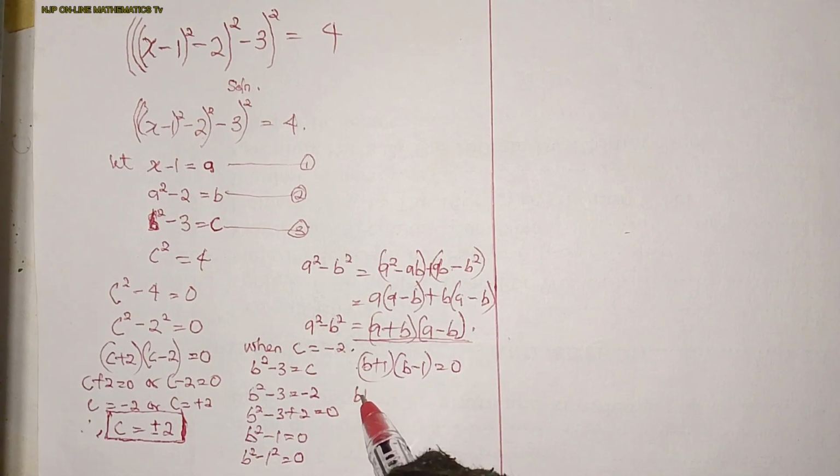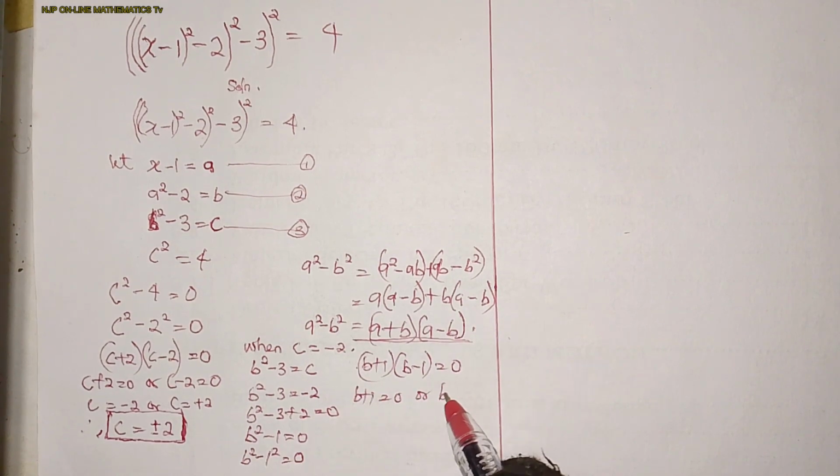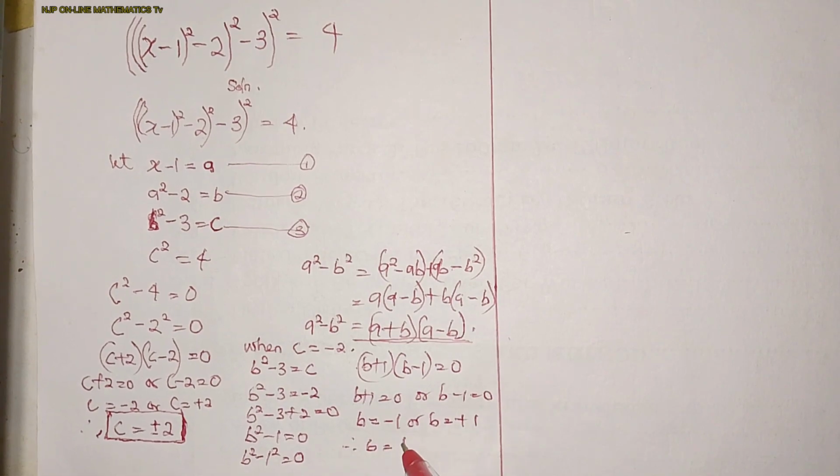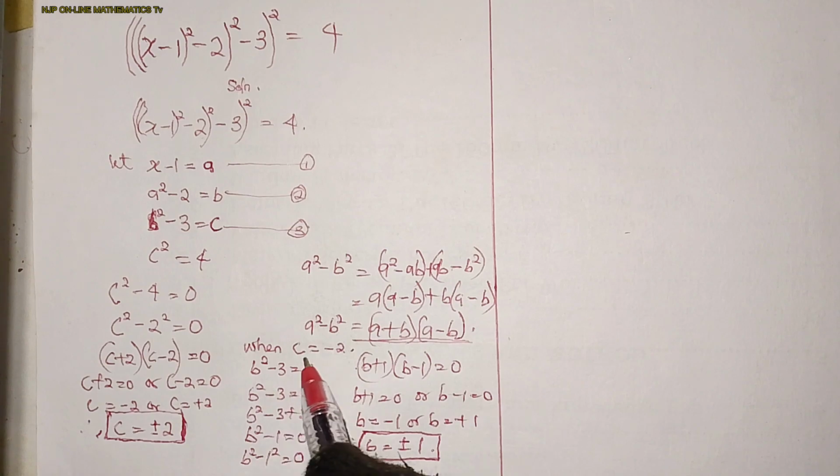And it's either b plus 1 equals 0 or b minus 1 equals 0. So b equals negative 1 or b equals positive 1. Therefore, the values of b equal positive or negative 1. We have now obtained the values for b only when we substituted that the value of c is negative 2.